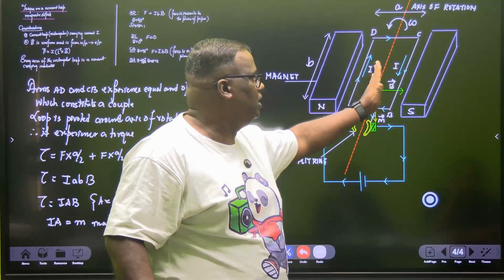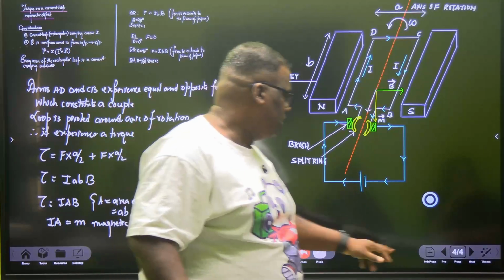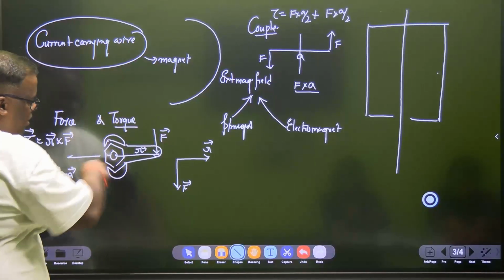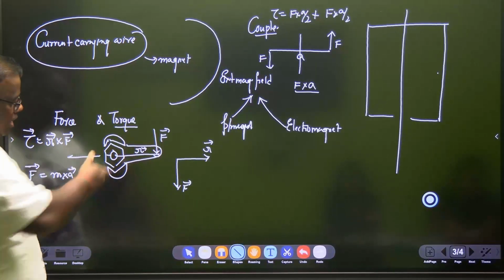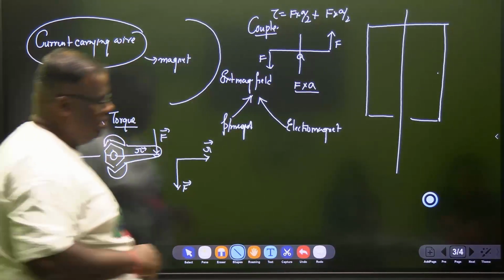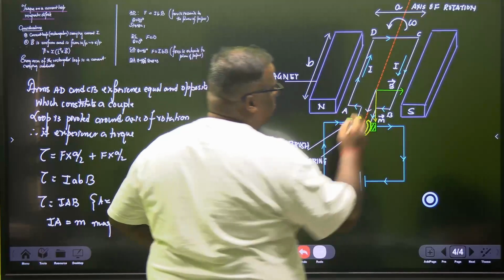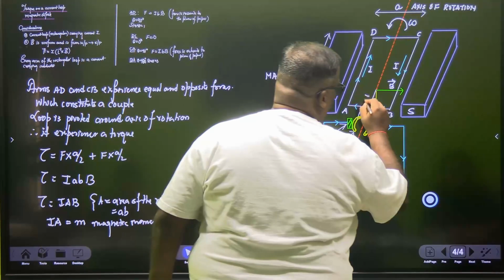The torque is always seen along the axis. If you have a slight bit of doubt, go back to the spanner diagram. The torque is always coming out along the axis, the axis along which the nut is rotating. So the torque is coming out from here. So this is my tau.